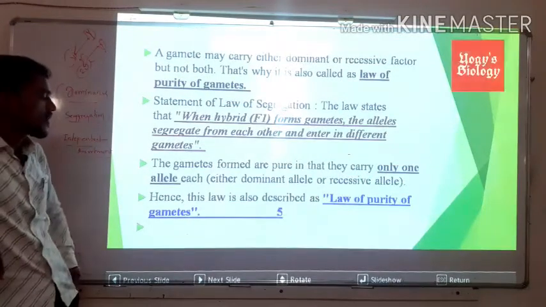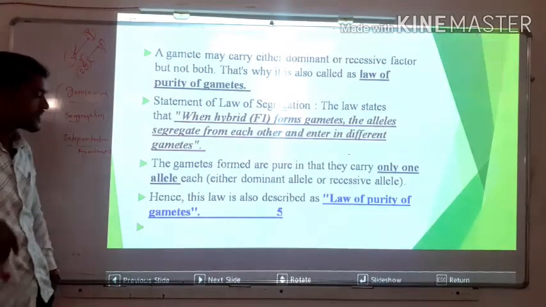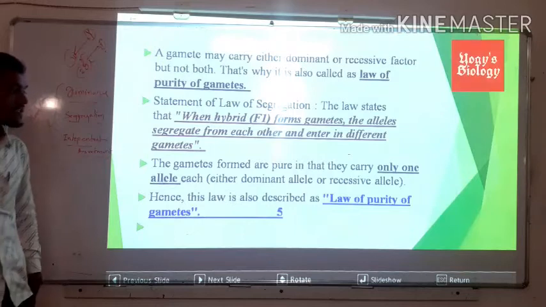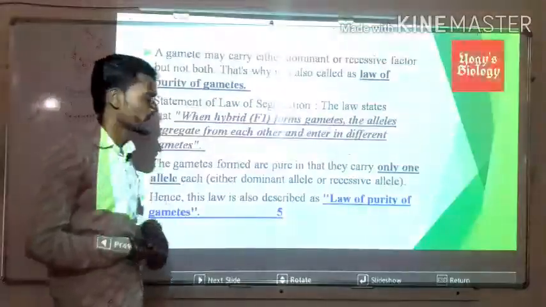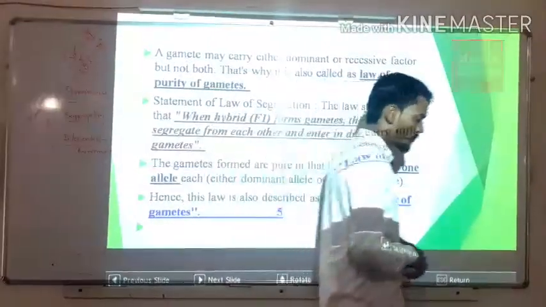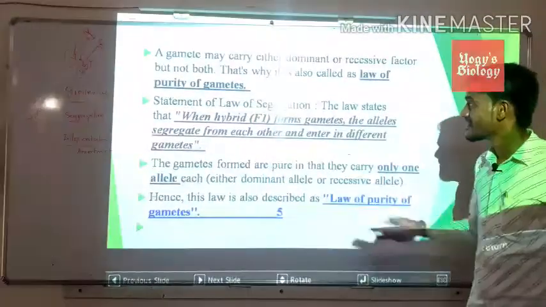Hence this law is also described as the law of purity of gametes.